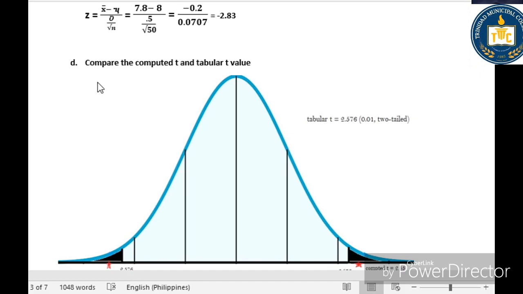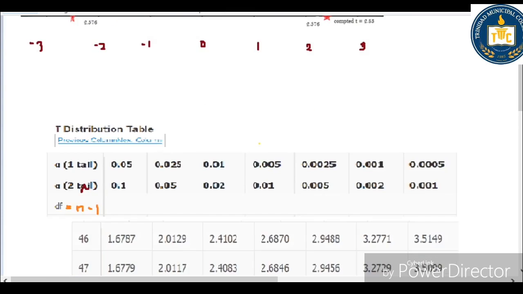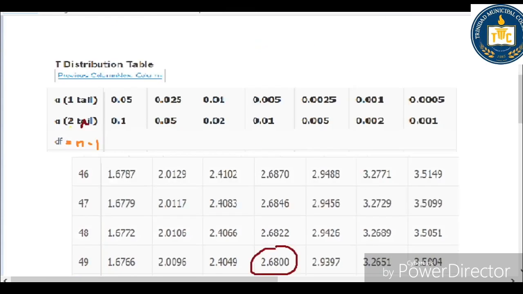Okay, step D. We need to compare the computed t and the tabular t value. First we need to locate the value for level of significance 0.01 two-tailed in the t table. Okay, so here's the table. Then two-tailed here.